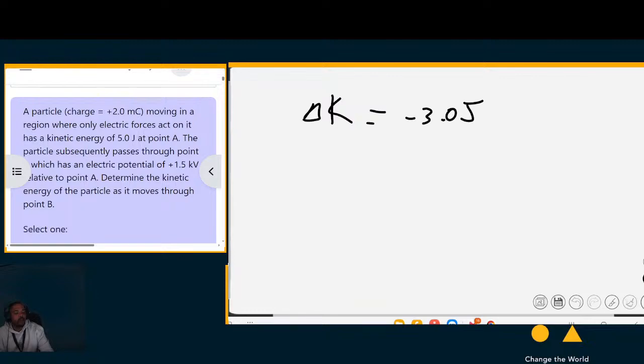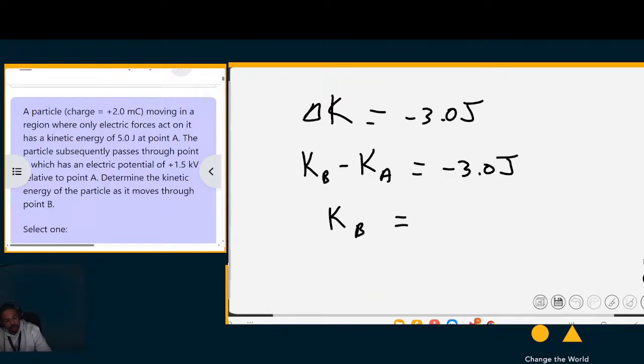Now, the change in the kinetic energy is the kinetic energy at point B minus the kinetic energy at point A. That's equal to negative 3 joules. The kinetic energy at point B would then be equal to kinetic energy at A minus 3 joules.